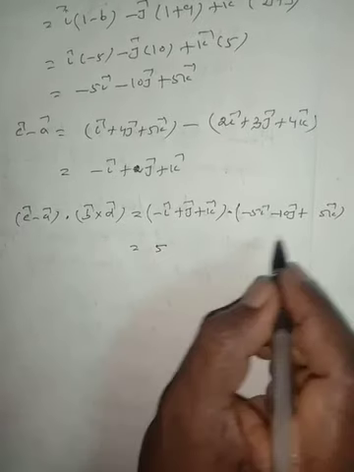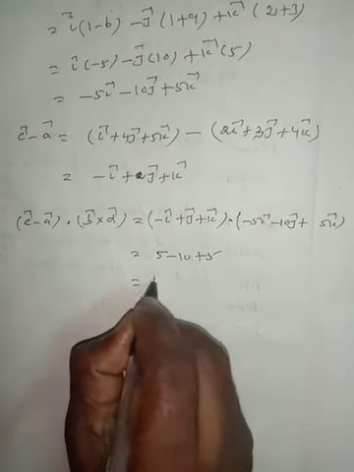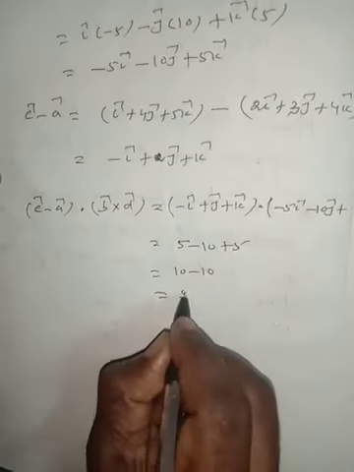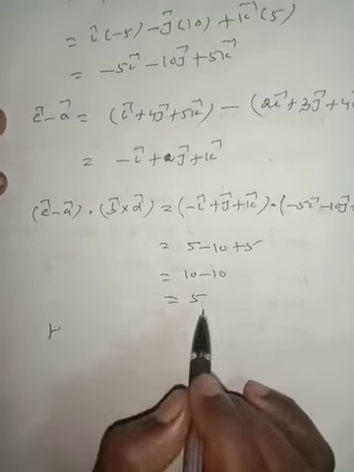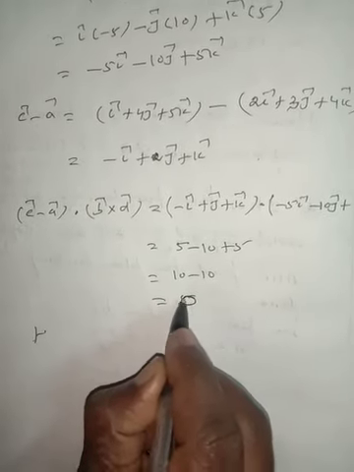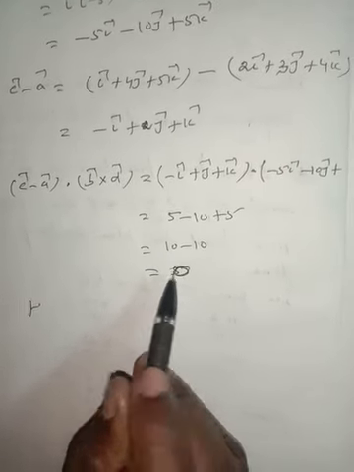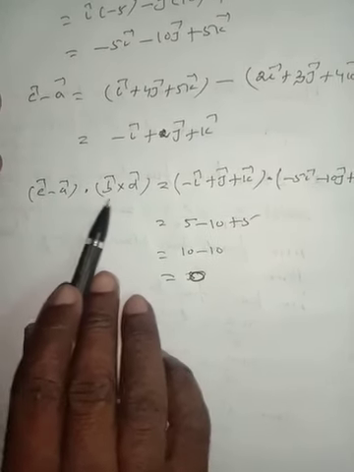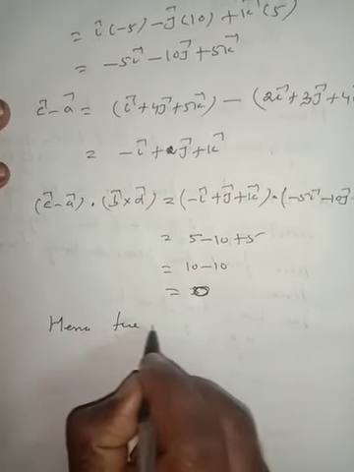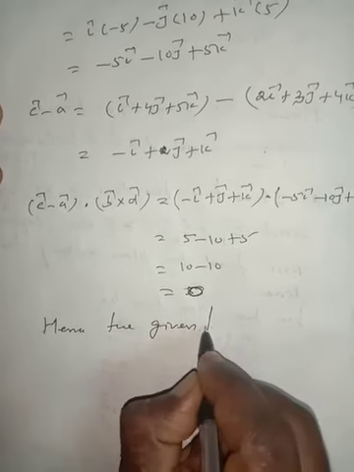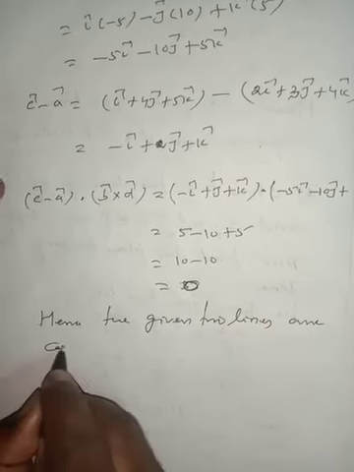So 5 minus 10 plus 5 is 0. The condition for two straight lines to be coplanar is that c minus a dot b cross d is 0. Hence the given two lines are coplanar.